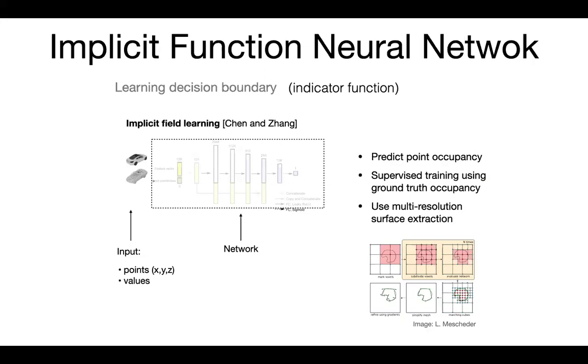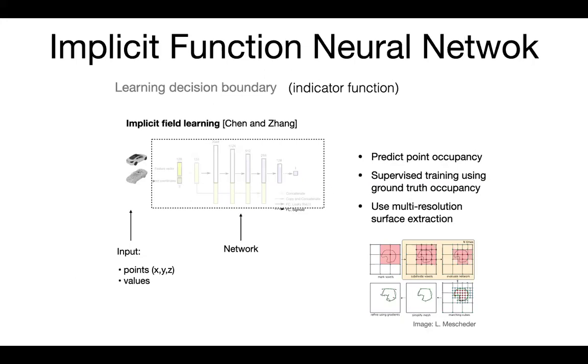So if we consider the indicator function, what we want to learn is a decision boundary, because that surface is a decision boundary that separates the points that are inside from the points that are outside. The network is a coordinate-based neural network, and it takes as input the samples, that is, the coordinates of the point and the value of the point.